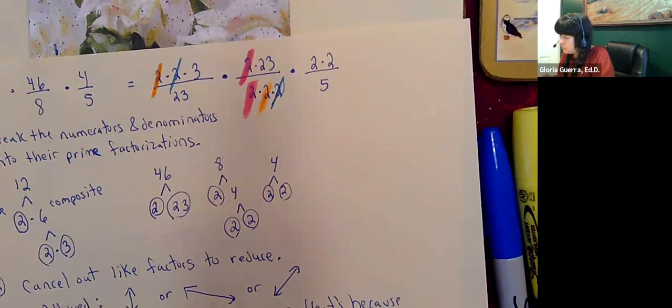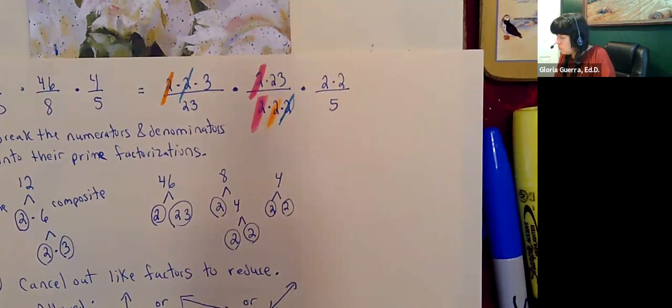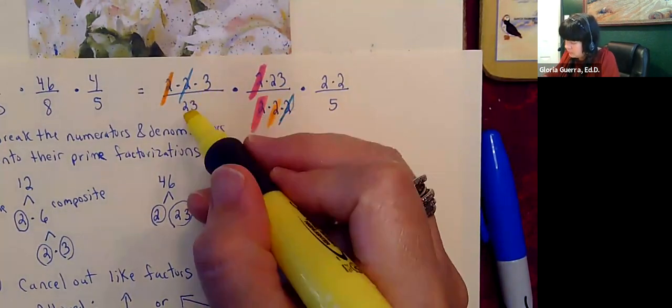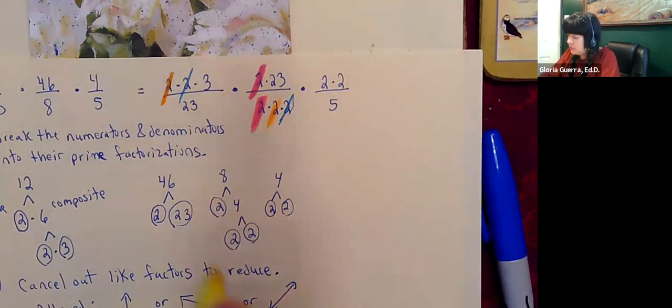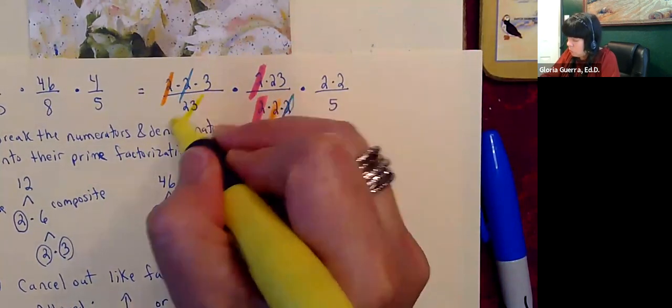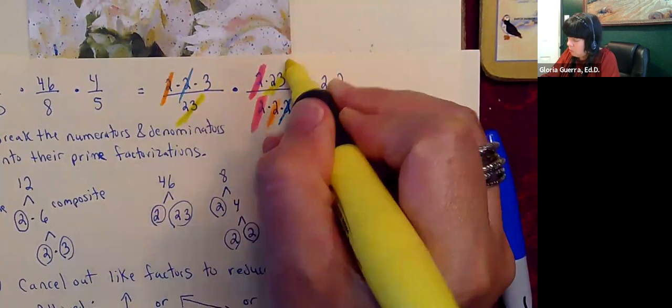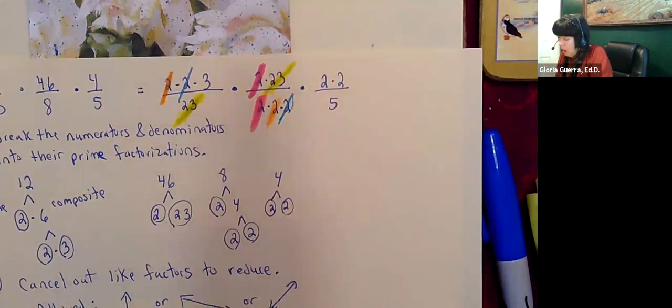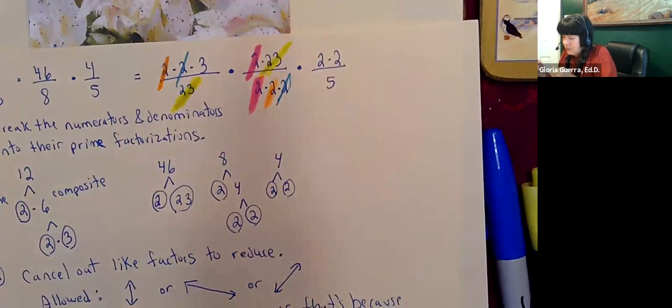Anything else? What about the 23s? See this 23? That cancels diagonally this way. I think that's all the canceling out you can do.